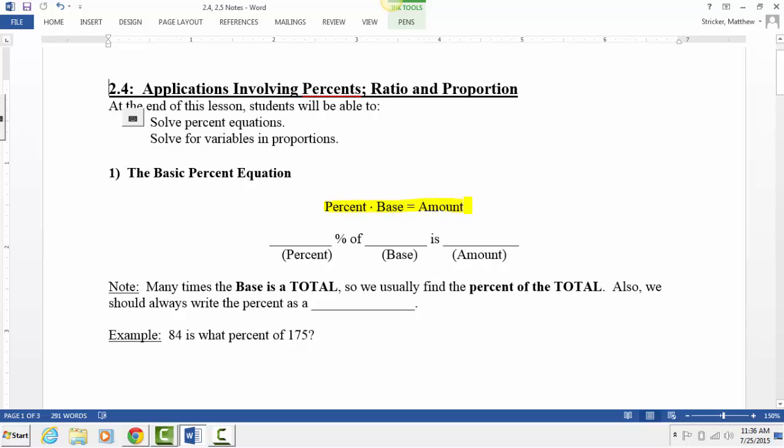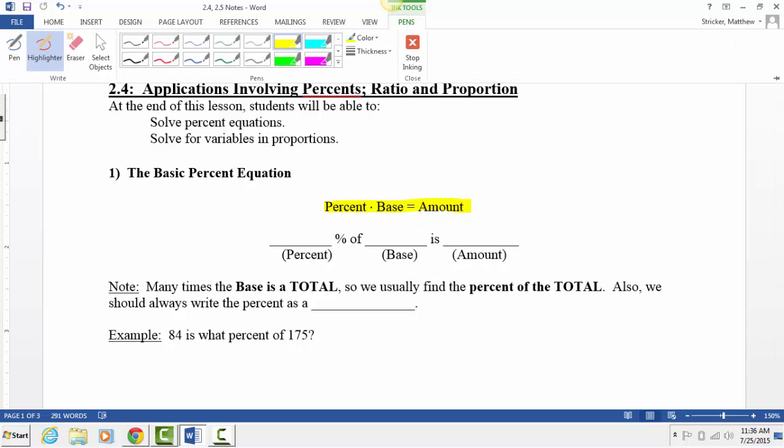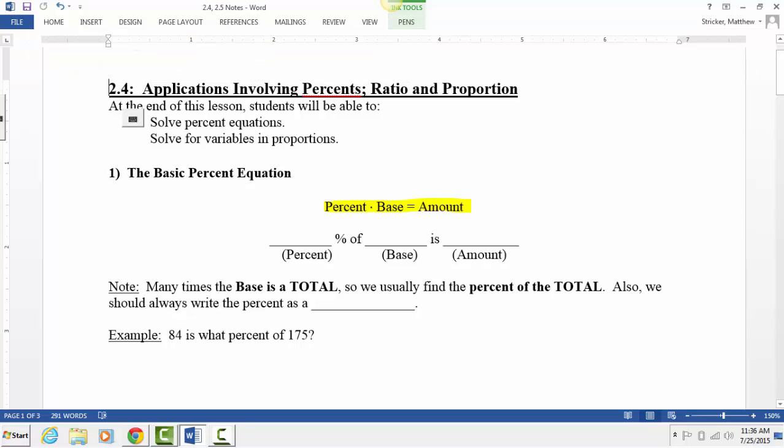The percent equation itself looks like this: percent times the base equals an amount. And what we've got to remember is what percent means. If you break it down into parts, this last part, the cent, means 100. So what this really means is per 100.